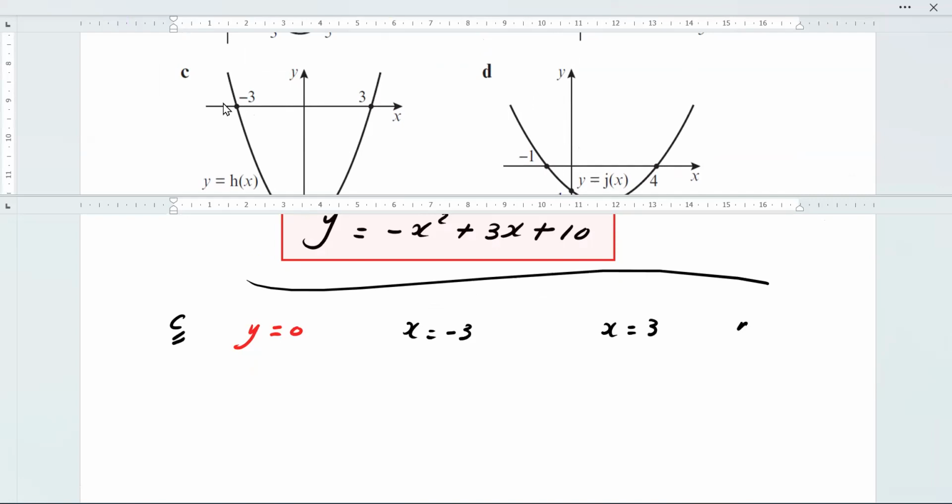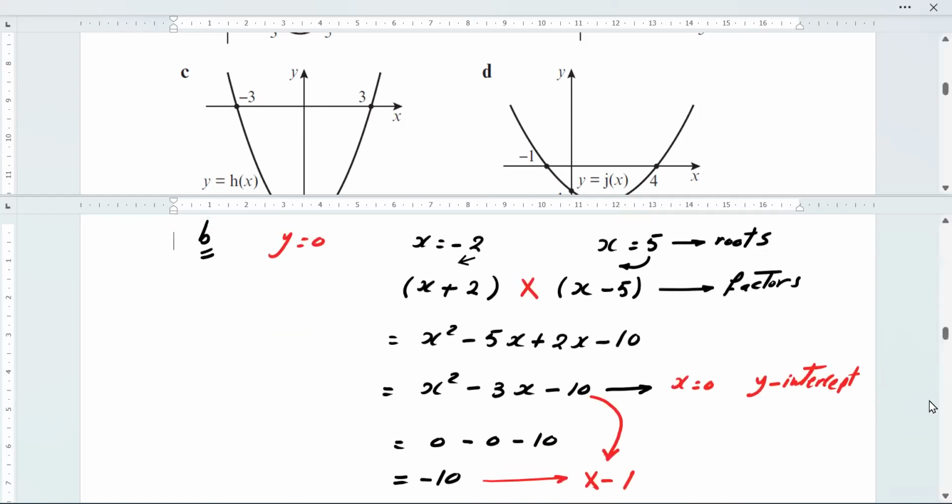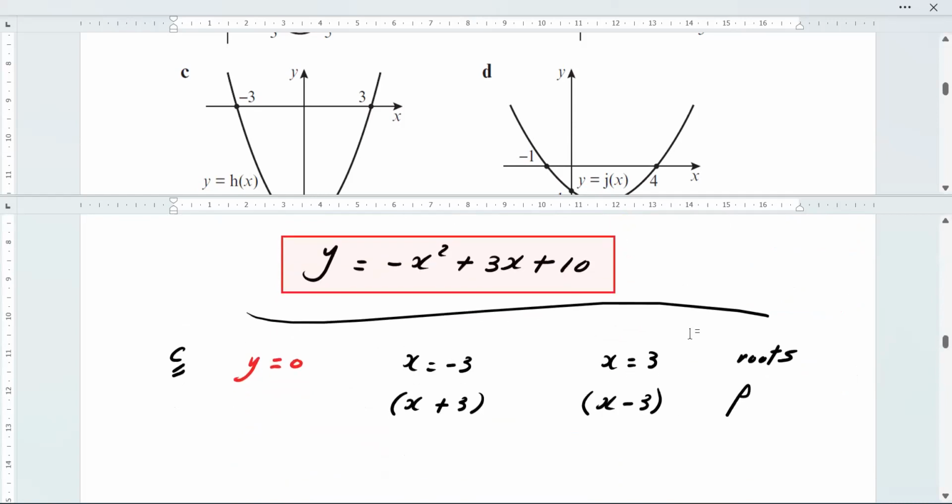These are called roots, as we said. You have to get the factors, so x plus 3 and x minus 3. These are factors.